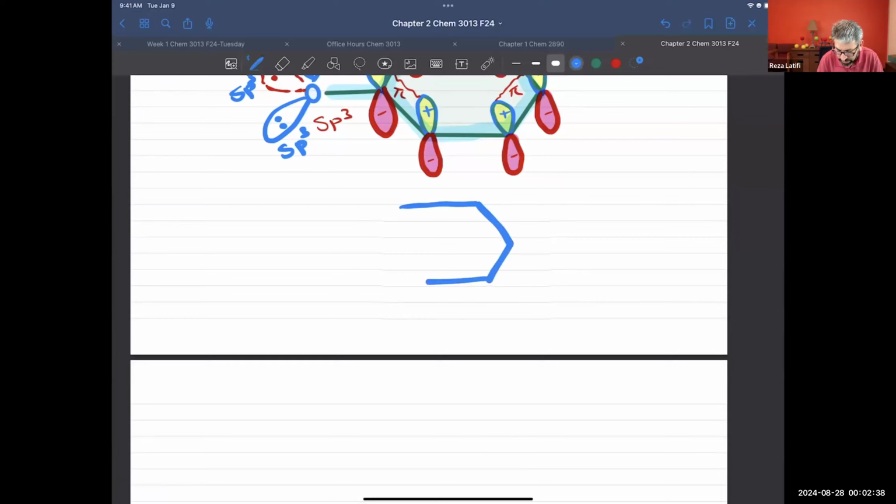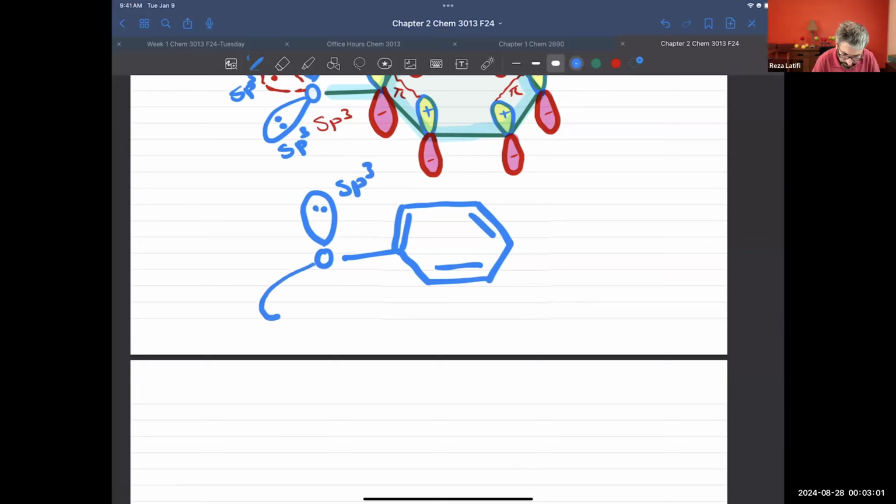It's a ring, but it's not completely a circle. And then I have oxygen here. Remember, we have a double bond there. Our oxygen has an sp3 orbital, and it has 2 lone pairs there. There's one sp3 also here. We used to have hydrogen there, and there is one that is at the back.